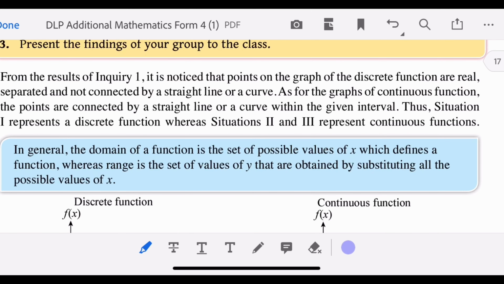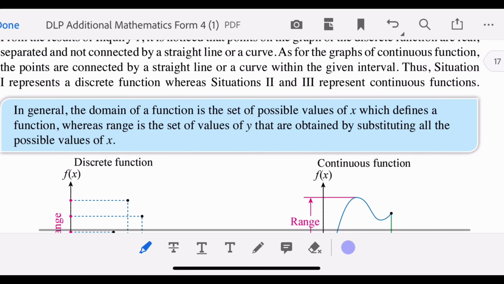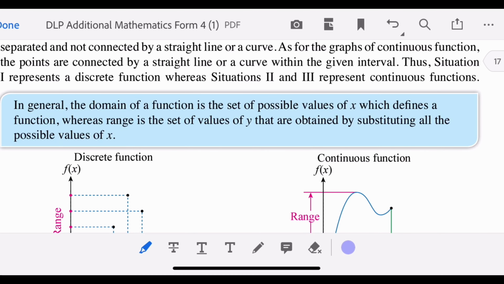In general, the domain of a function is the set of possible values of x which defines a function. Range is the set of values of y that are obtained by substituting all the possible values of x. After you substitute, they are all the values of y.